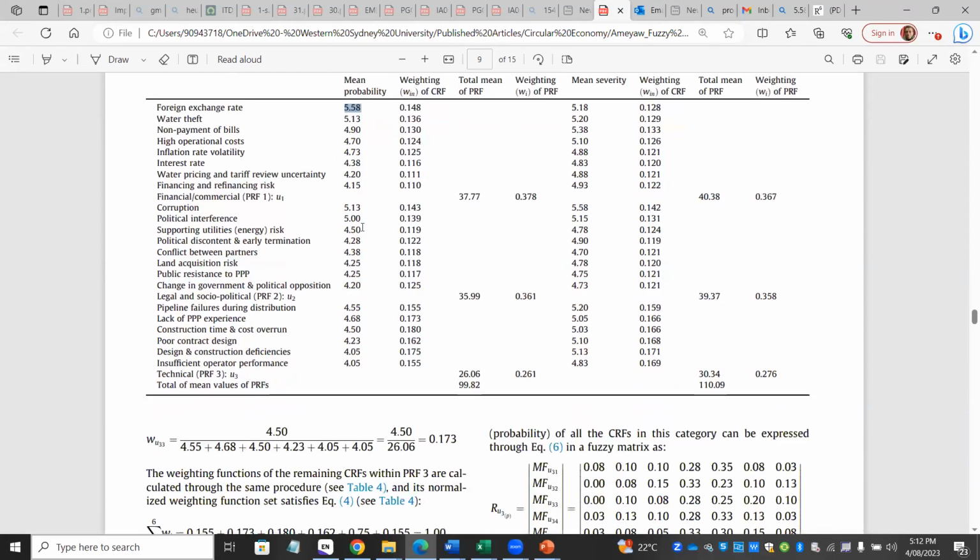Group 2 too, the same. You take 5.13 plus the rest, all the means on the probability of risk. The 8 of them, you add them together, and it will give you 35.99. Then you pick each of them and divide it by 35.99. Let's do one: 5.13 divided by 35.99.